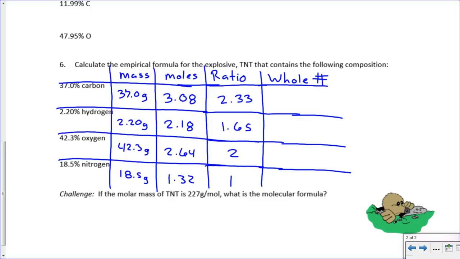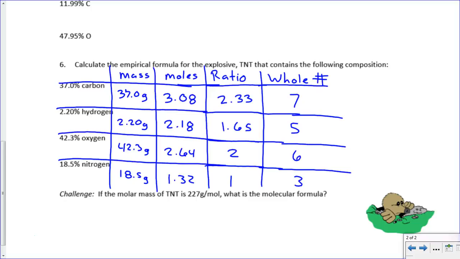If we want to get these to whole numbers, we have to multiply by 3. So we multiply all of the ratios by 3 in an attempt to get them to whole numbers. 2 1/3 times 3 gives you 7. 1.65, roughly 1 2/3, times 3 gives us 5. 2 times 3 gives us 6, and 1 times 3 is 3.